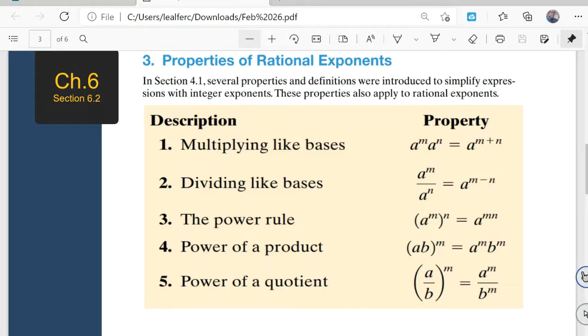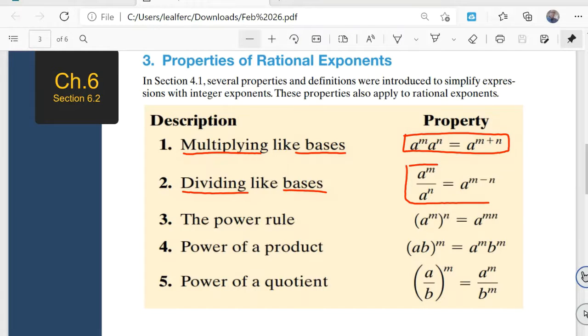Property number 1. If you find a multiplication of like bases, if you have the same base, like base a, multiplied with different exponents, you have to add the exponents, right? Division of like bases. If the base is the same, you have to subtract exponents. And the power rule: if you have the base with an exponent and then in parentheses another exponent outside, you're going to multiply the exponents.